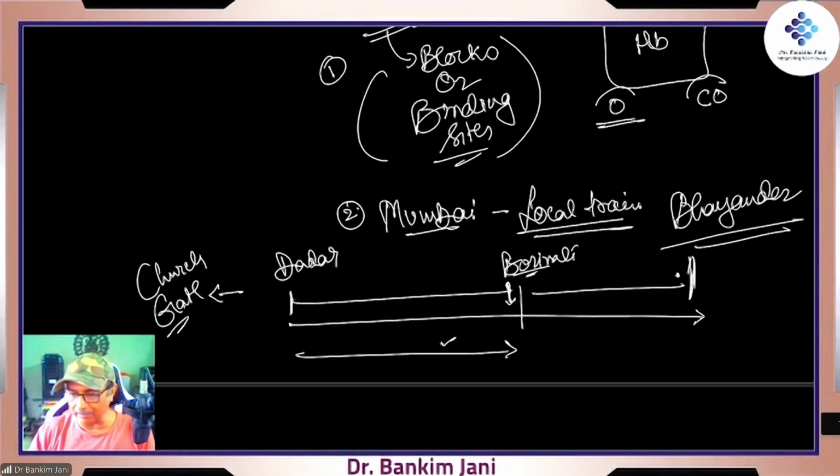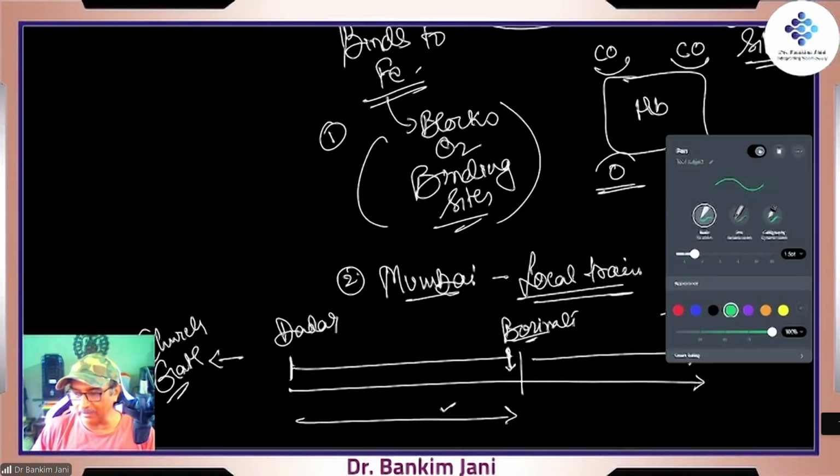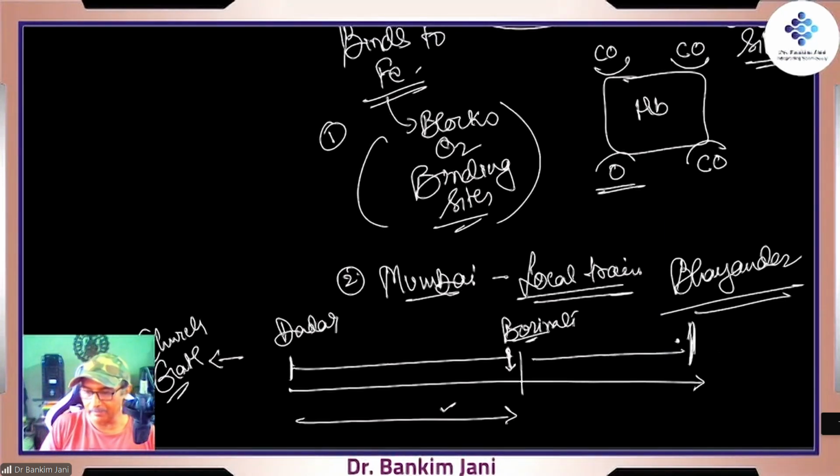This is what carbon monoxide will do. When the tissues come, three seats are already occupied by carbon monoxide, sitting there. So they won't offload the oxygen. They won't allow it to offload.